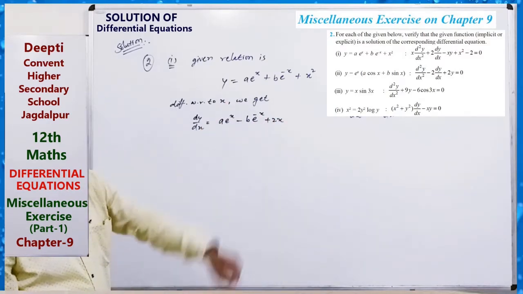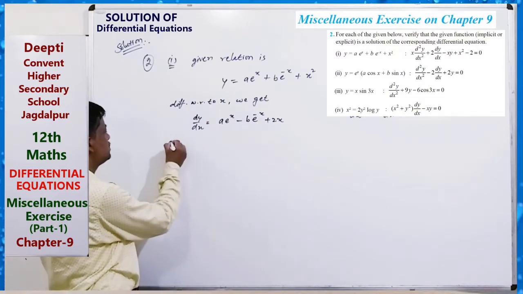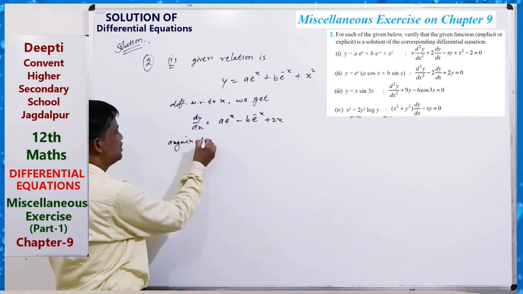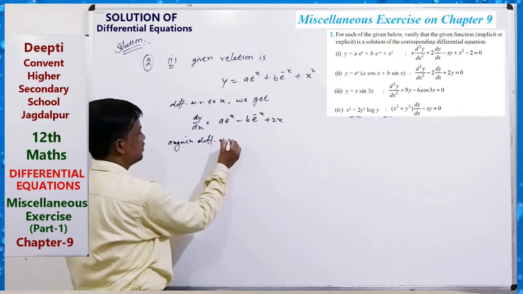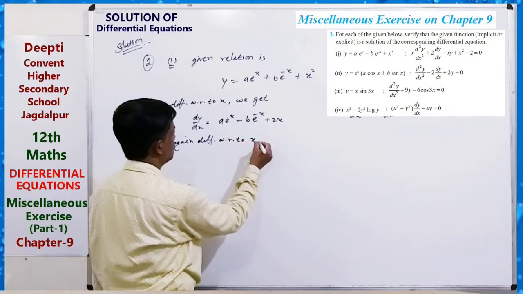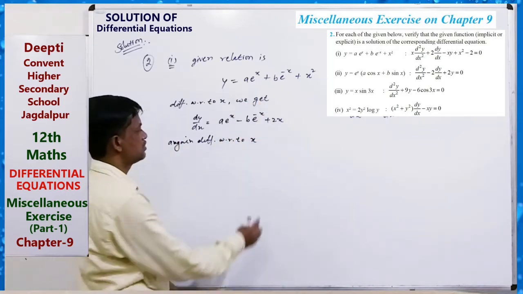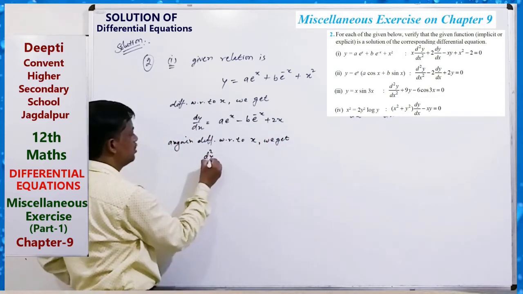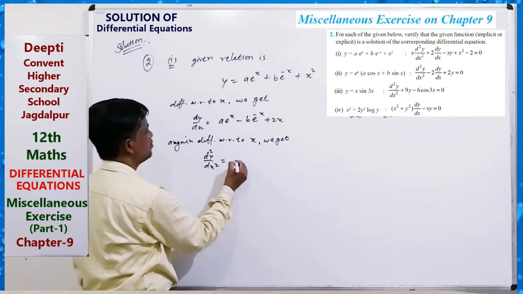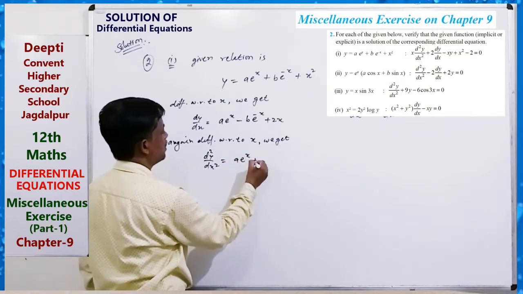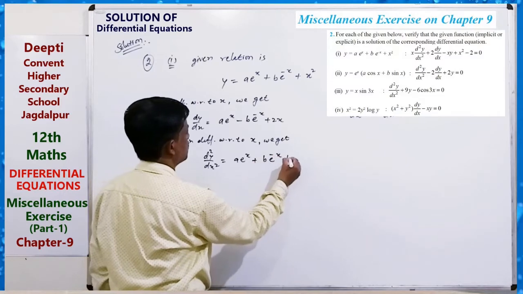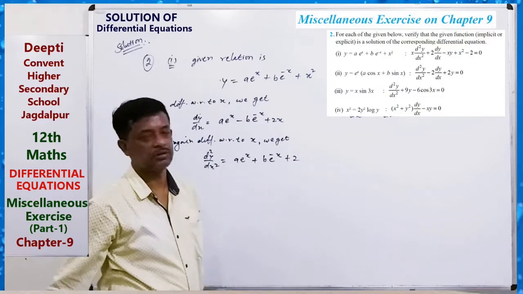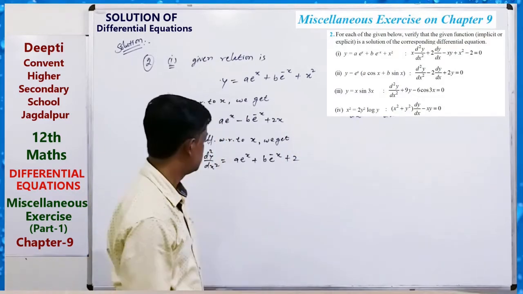Again differentiating with respect to x, we get d2y upon dx square equals a e to the power x plus b e to the power minus x plus 2. Now put the values of y, dy by dx and d2y by dx square on the left hand side.